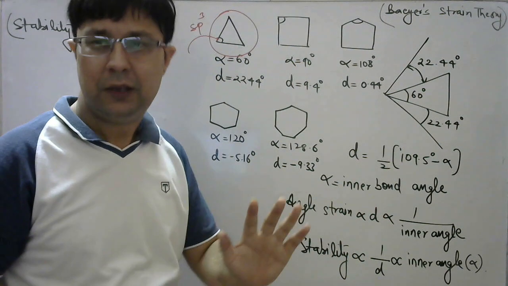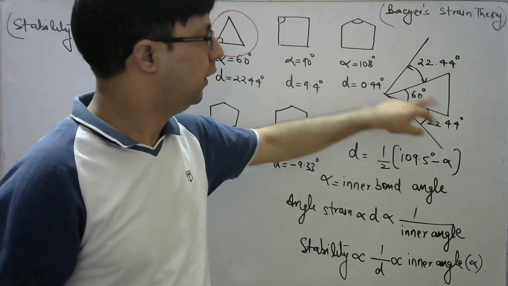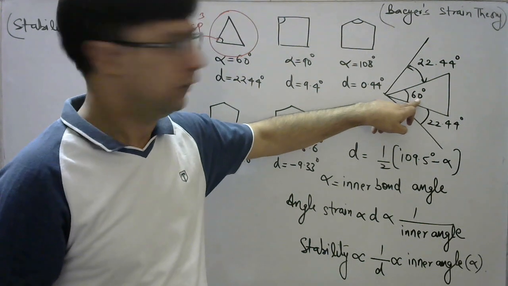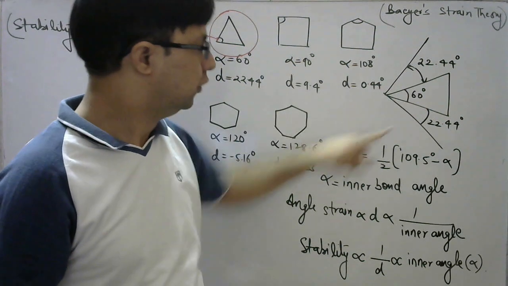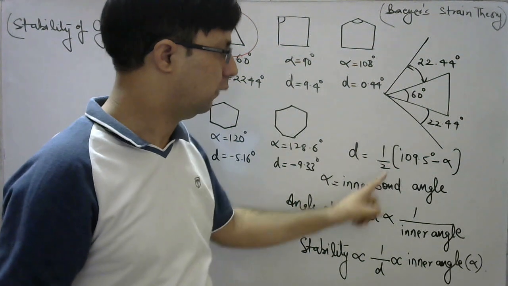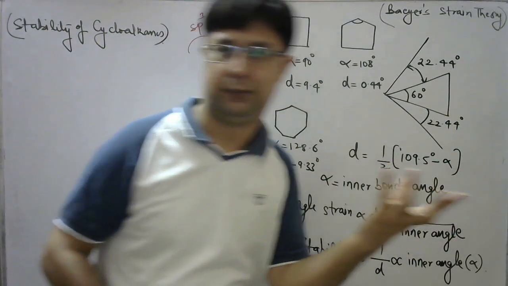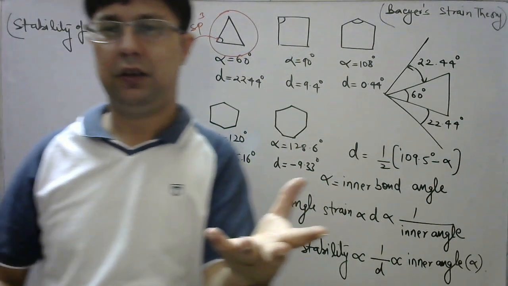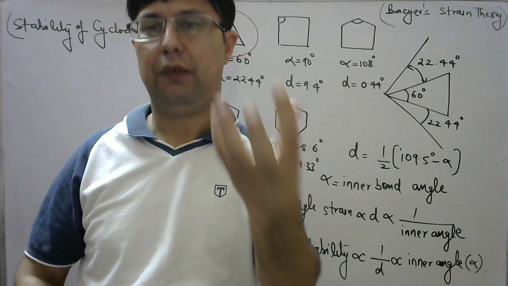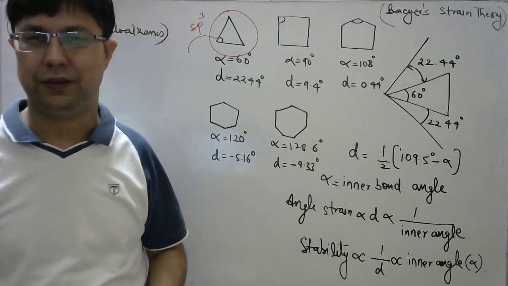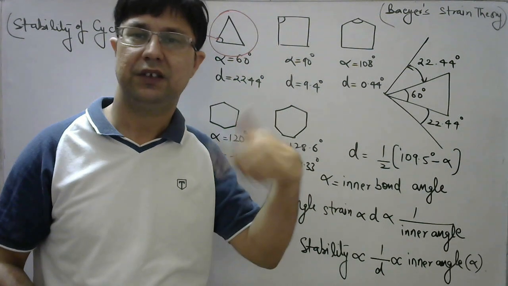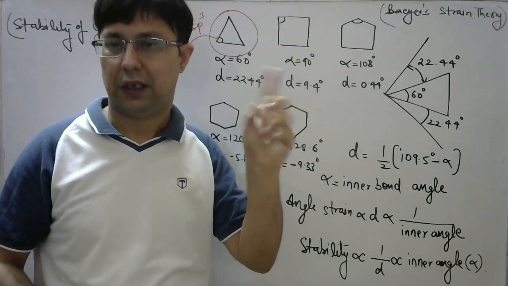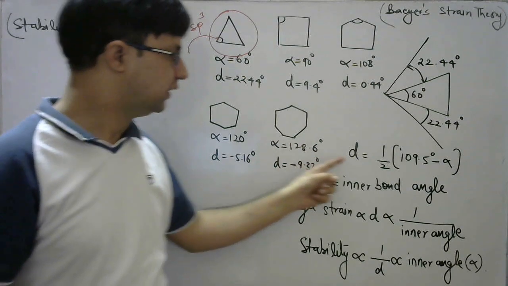I think it is clear. 109.5 degrees minus 60 degrees gives the sum of this and this angle, and the angle of deviation will be half of this. I have written a very simple formula for the angle of deviation, which is D equals 109.5 degrees minus alpha, where alpha is the inner bond angle in cyclopropane. So I have got this D.